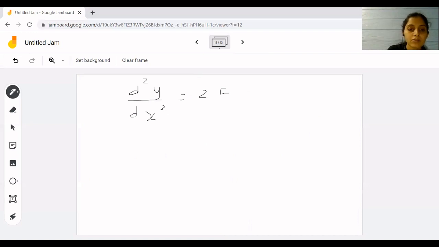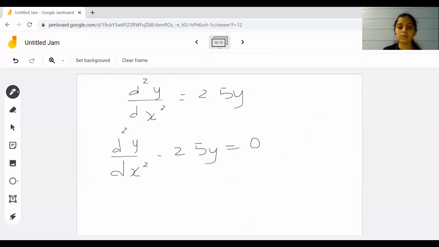Okay, take it on the left side, so d2y by dx square minus 25y is equal to 0. This is your required equation. Okay, this is how you would formulate your differential equations. That was your question 1. Moving on to question number 2 now.